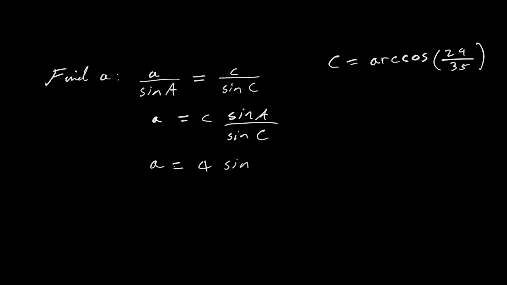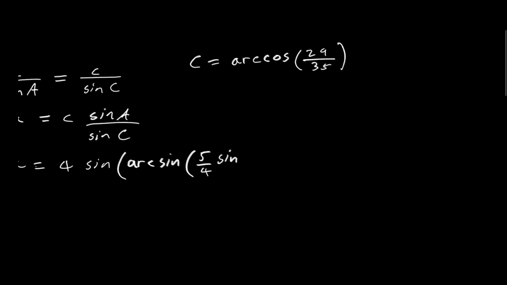So heading back up to our current example, we have 4 times the sine of A, and A is the arc sine of 5/4 times the sine of the arc cosine of 29/35. This expression might be starting to look complicated and scary.